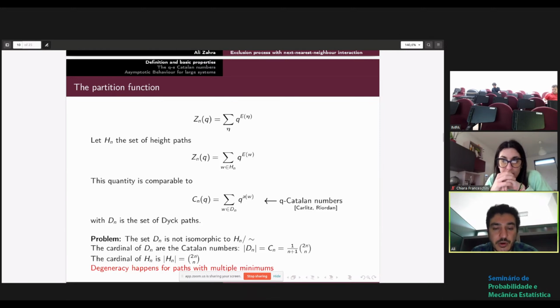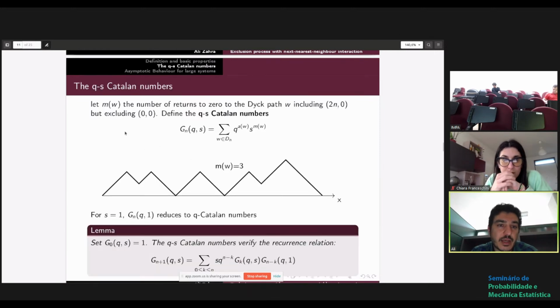Okay, so in order to tackle this problem, I introduced the q,s-Catalan numbers, which are defined by two variables, q and s. You sum over all the paths q to the power of the area of the path multiplied by s to the power of m, the number of minimums.